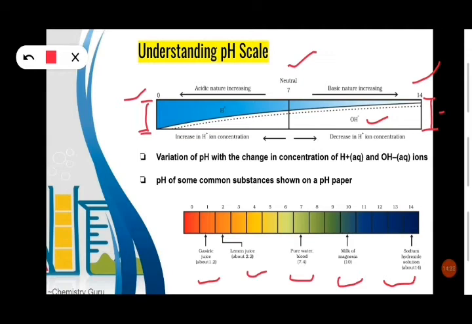But 14 itself shows that it is basic in nature. We just read that 0 shows that it is more acidic, and 14 shows that it is more basic in nature.